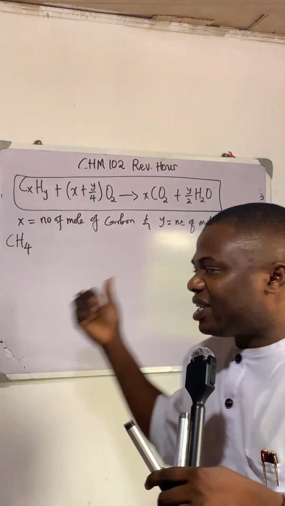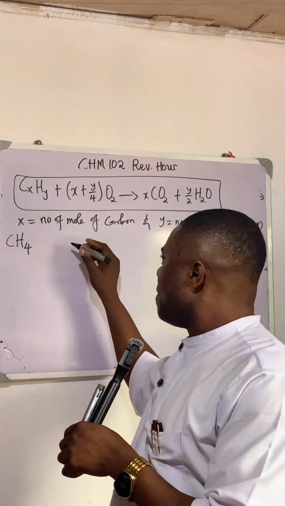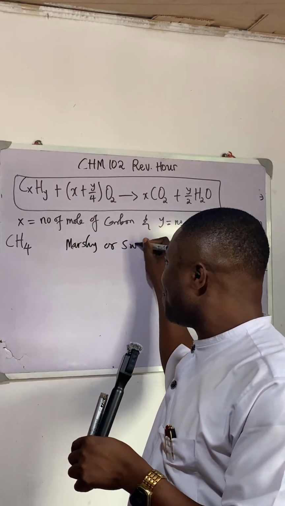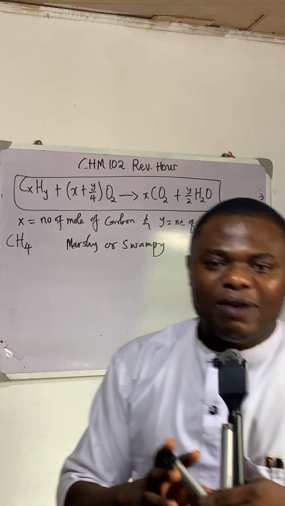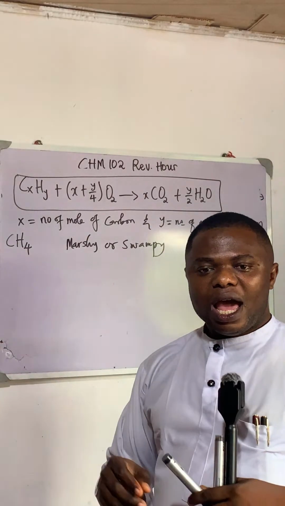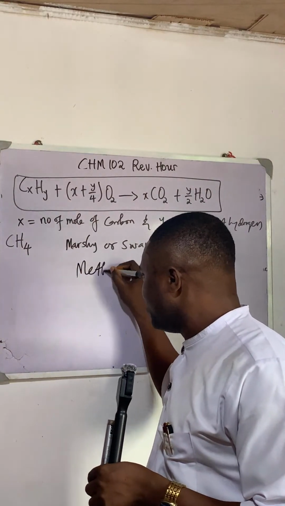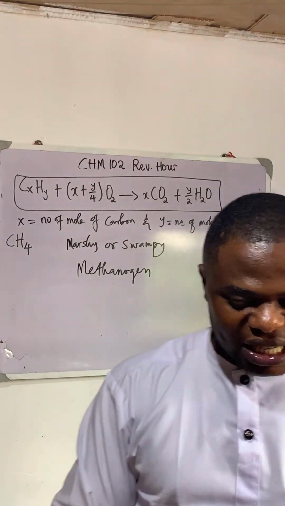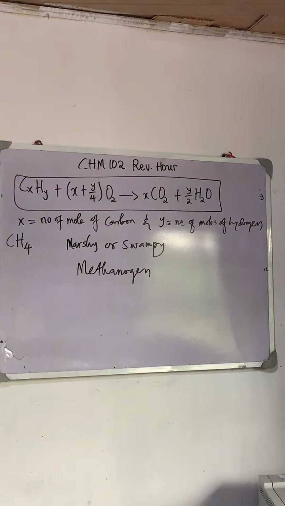We call it marsh gas because it's gotten from a marshy or swampy area through the bacterial decomposition of vegetable matter. And that bacteria is known as methanogen, from methane. Are you seeing it now? There is a whole lot to learn, just keep paying attention.